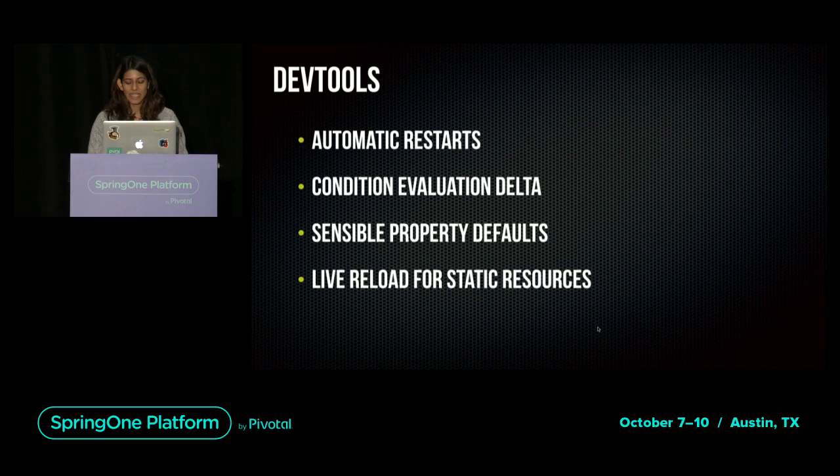So let's say you're using a templating engine, like Thymeleaf or FreeMarker. By default, these templating engines cache compiled templates for better performance. In development, you don't want to cache them because you're developing them. You want to see the changes. So with DevTools, you'll have caching turned off for templating engines.